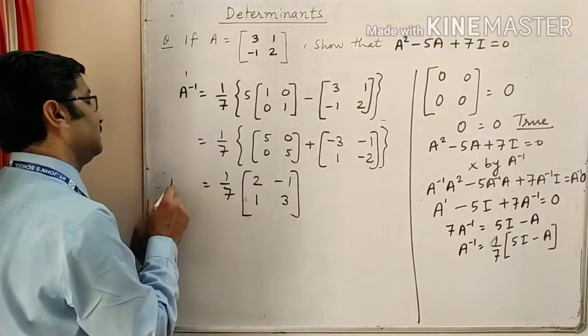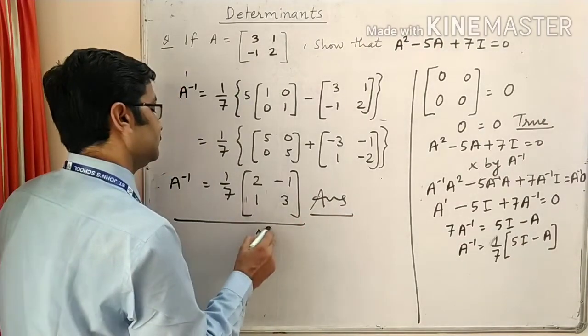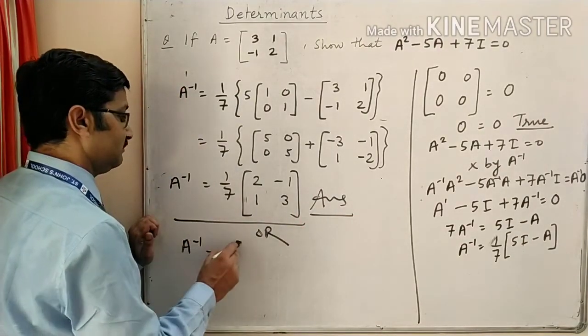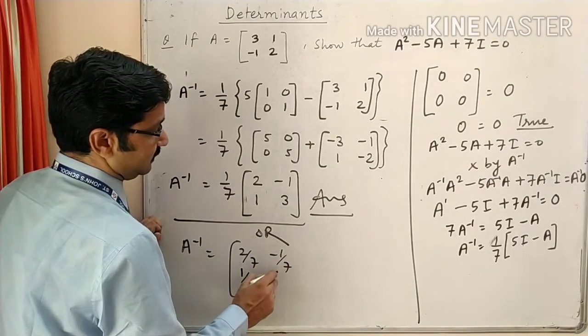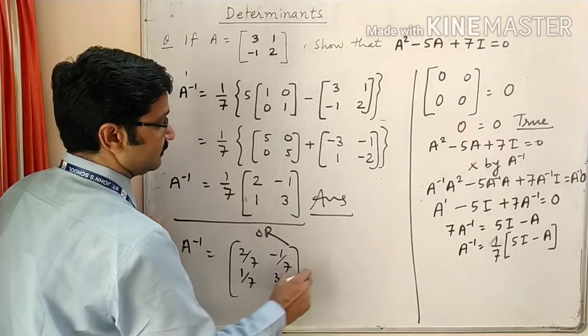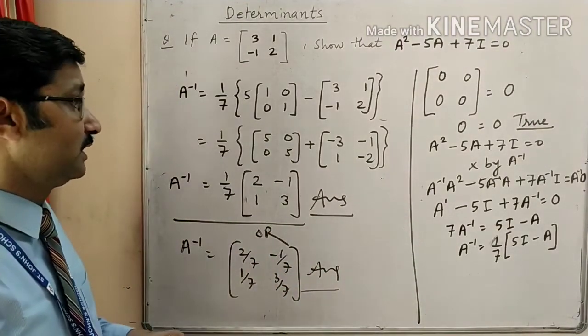And this is A inverse, that you can find. You can also write the answer as A inverse equal to 2 upon 7, minus 1 upon 7, 1 upon 7 and 3 upon 7. This is also an answer, so we have two answers. You can write either answer. So I hope you understand this solution.